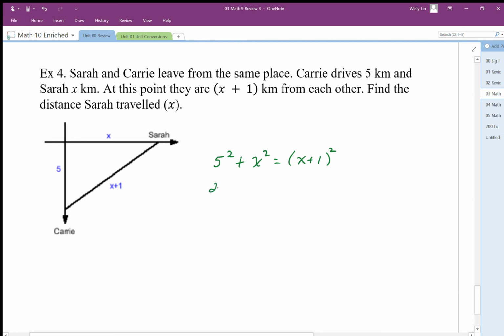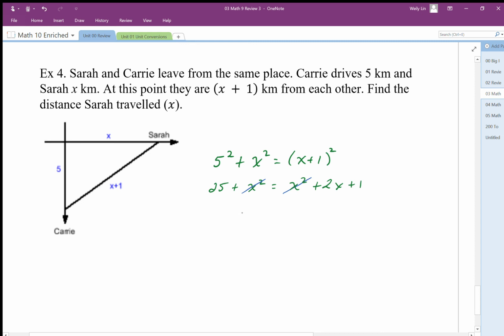So here we end up with 25 plus x squared equals, now this expanded becomes x squared plus 2x plus 1. Now if you don't do that, this equation then becomes wrong. But when we do it correctly, we can see that the x squareds cancel out, and we end up with a linear equation.